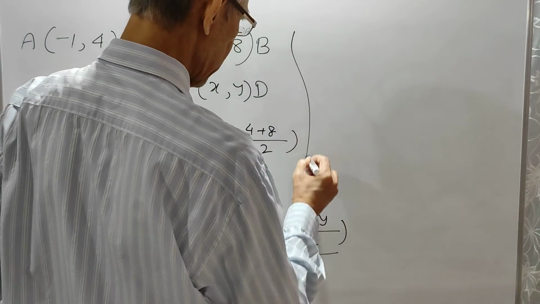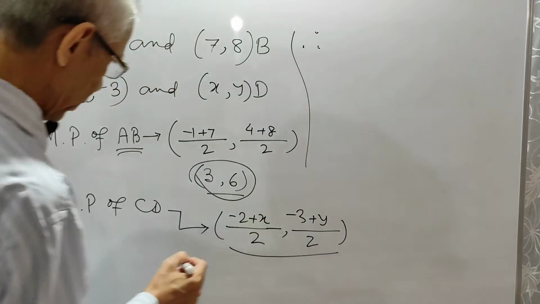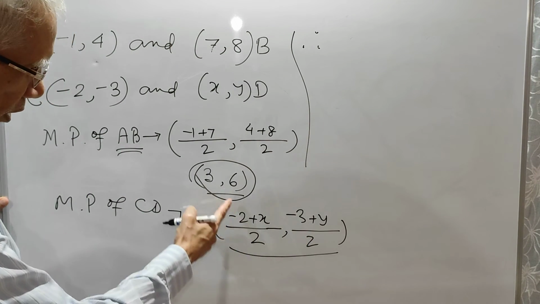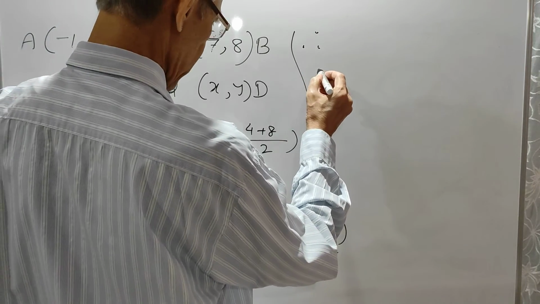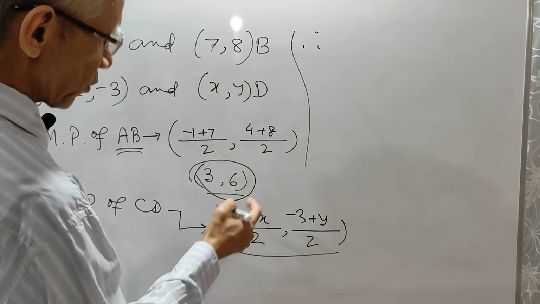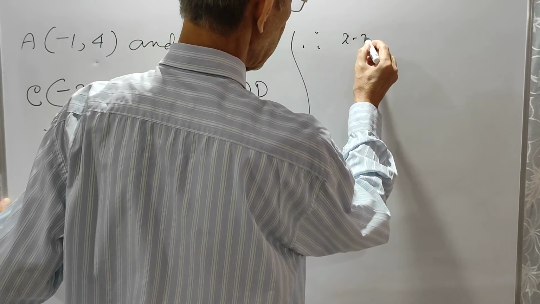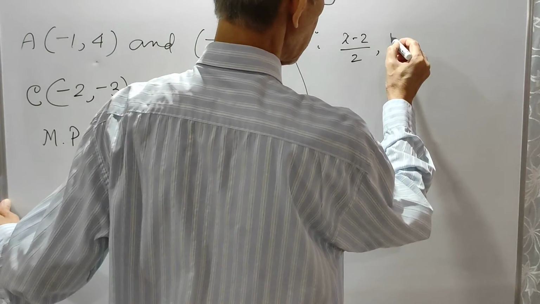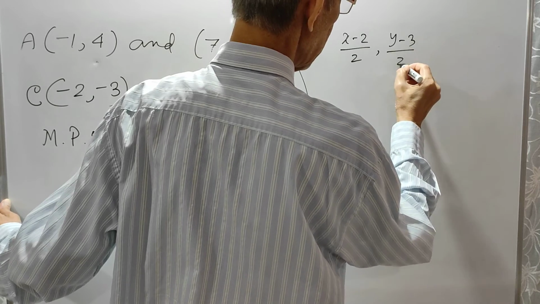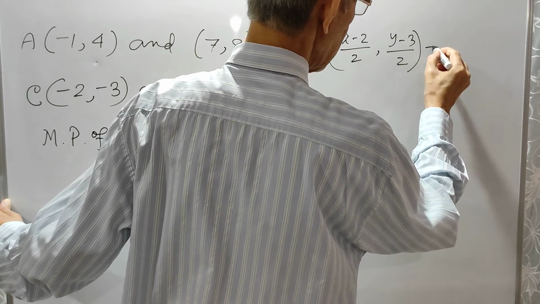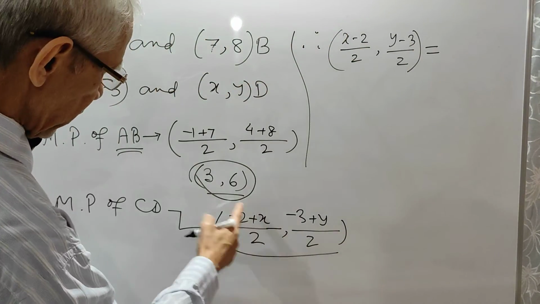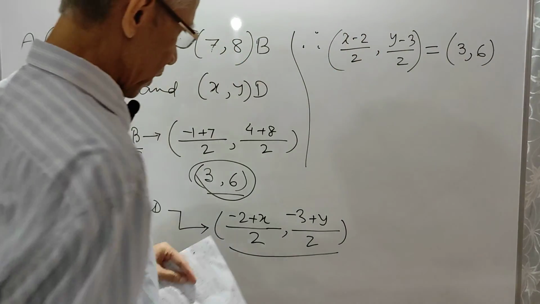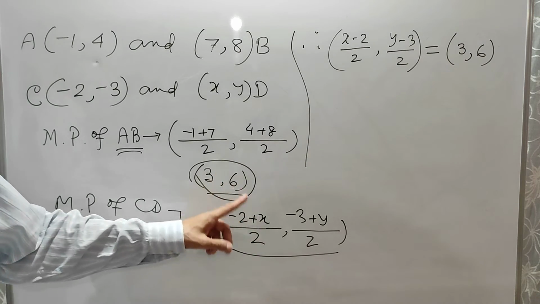So the point ((x minus 2) by 2, (y minus 3) by 2) is the same as the point (3, 6). These two points are exactly the same point.